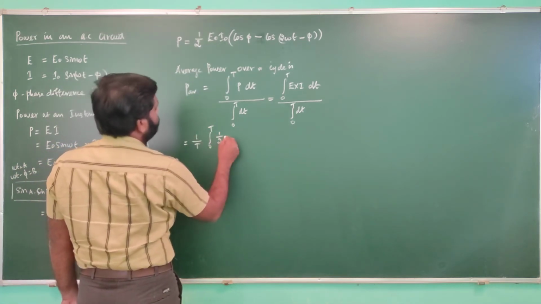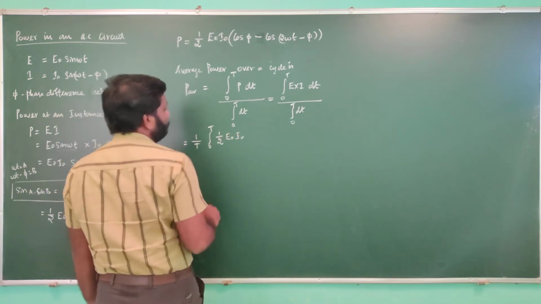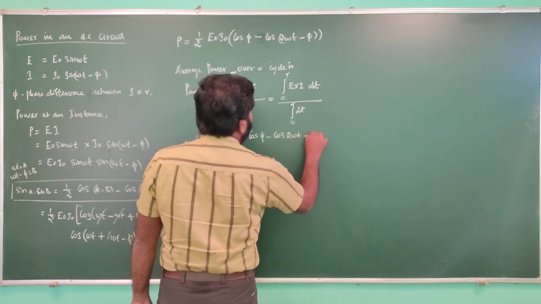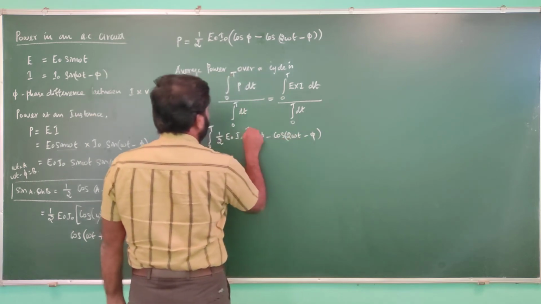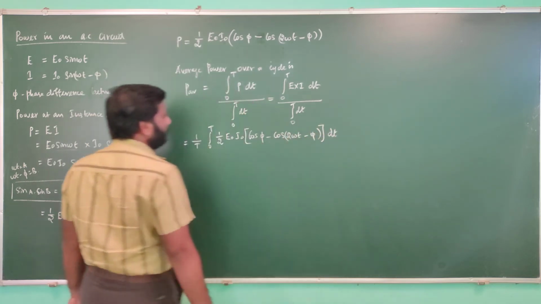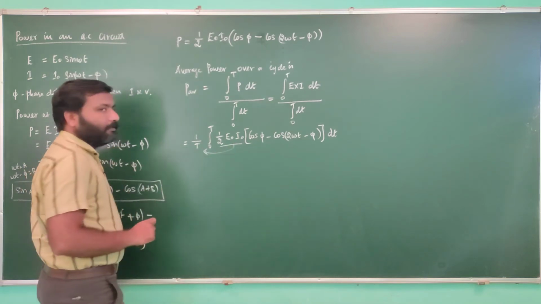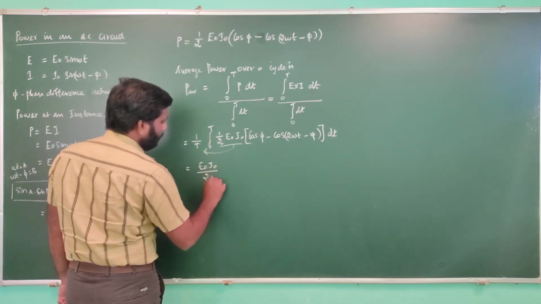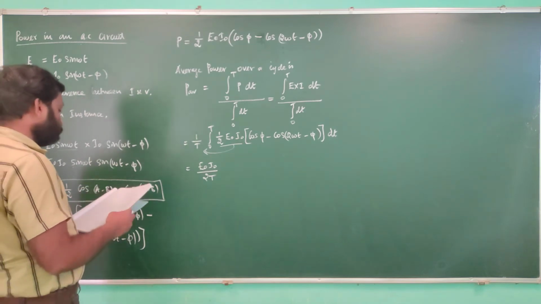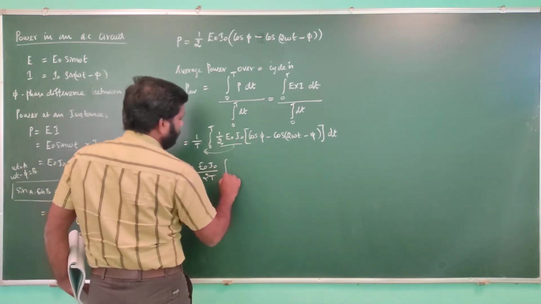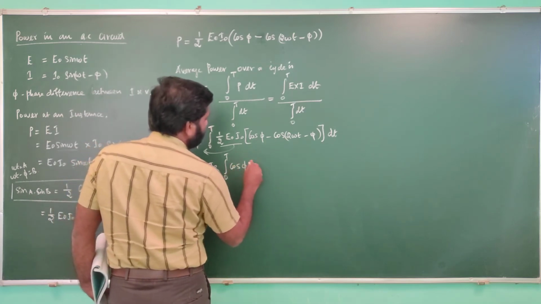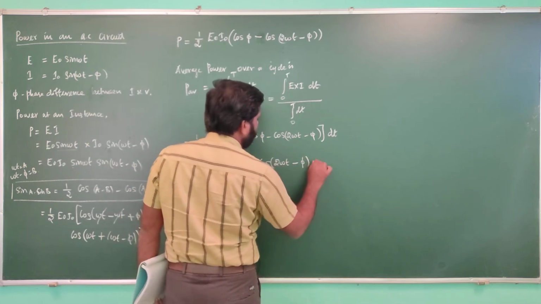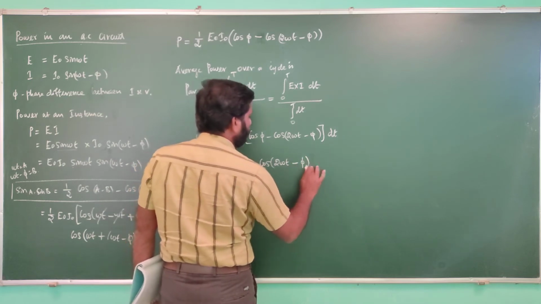So 1 by 2 E naught I naught [cos phi minus cos (2 omega t minus phi)] into dt, and we can take out this constant term to the left side, so that E naught I naught by 2T times the integral from 0 to T of [cos phi minus cos (2 omega t minus phi)] dt.